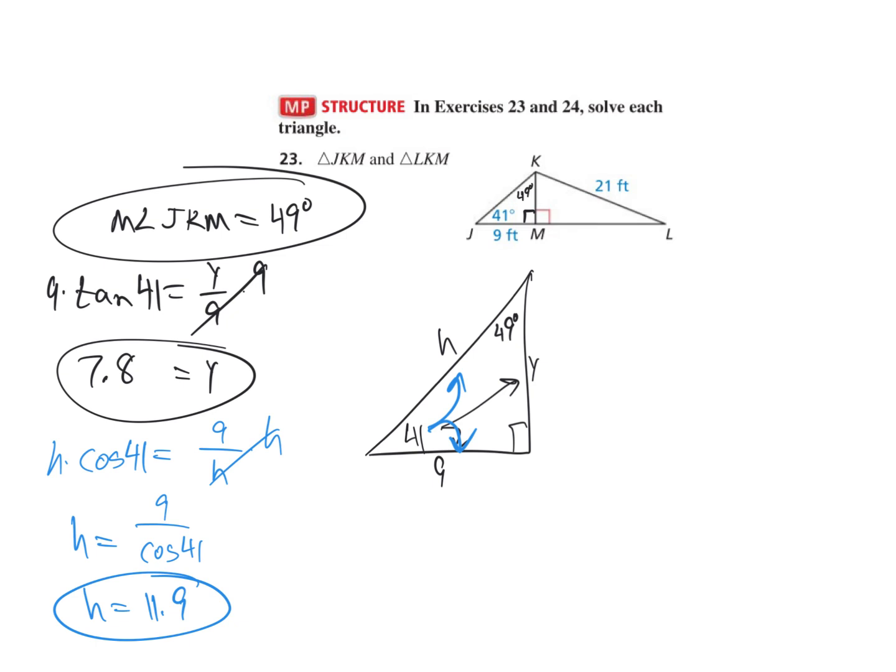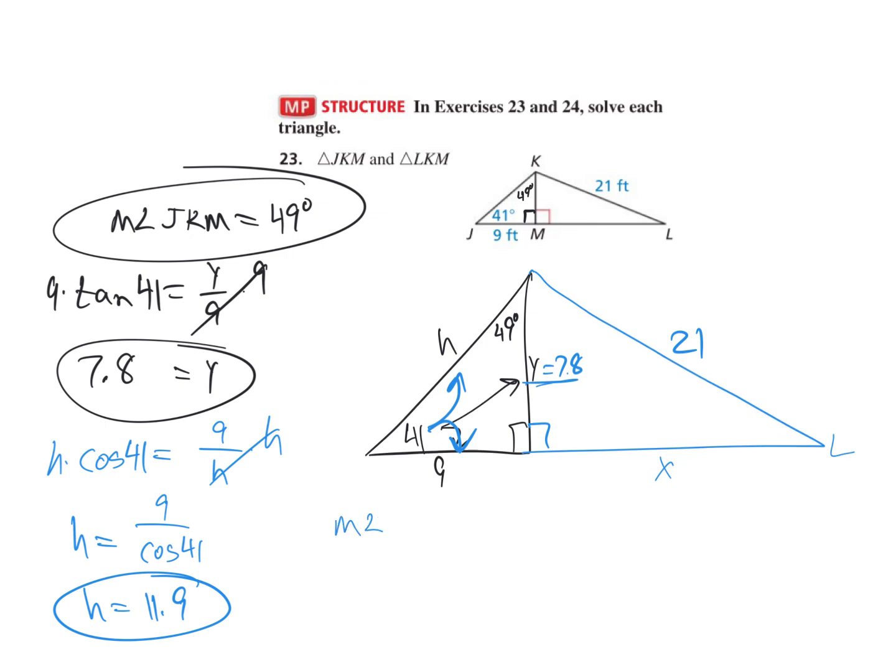All right, so now we go to this triangle. We already have y. Y is 7.8. The hypotenuse is 21, so let's just use the hypotenuse, and we'll get x. And then we'll have to get these angles here. So now we have to use what y is to help us with our angles. So let's get angle L here.